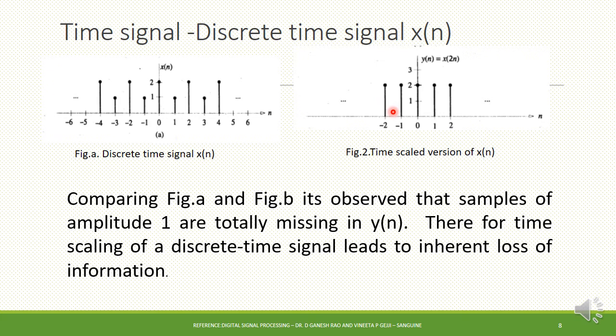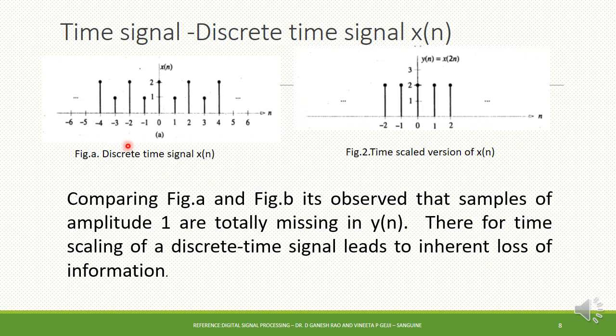So what happens here? Therefore, time scaling of a discrete time signal leads to an inherent loss of information. What do you mean by signal? These signals contain the information.